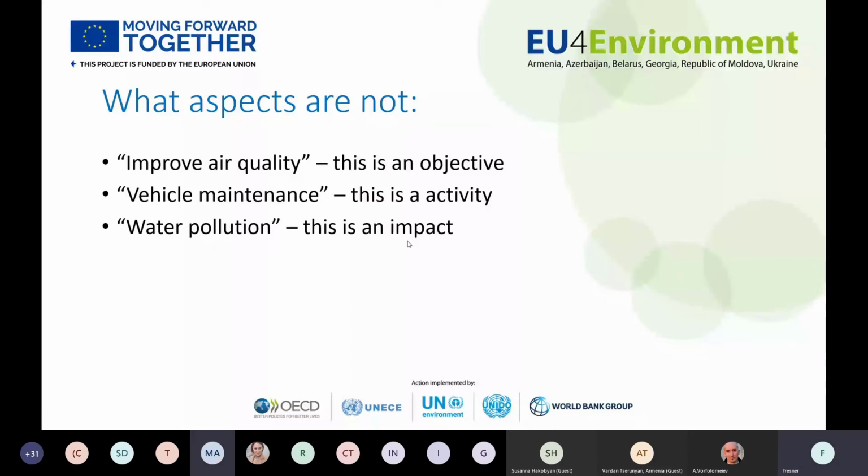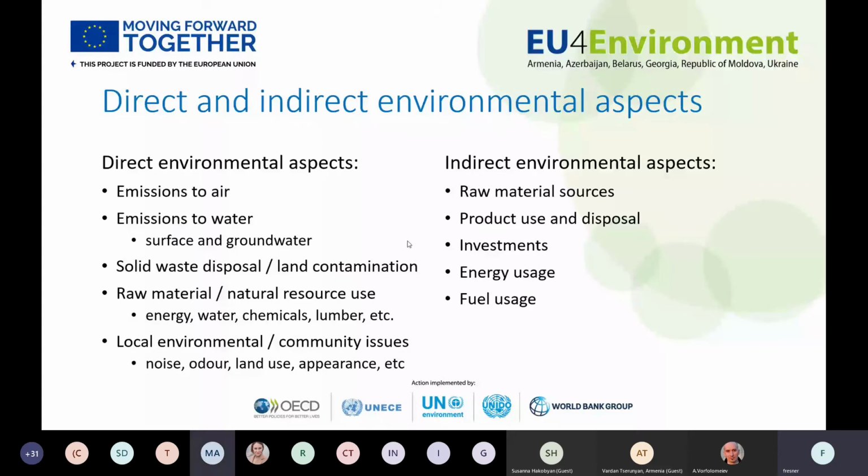So thinking about the picture of the product life cycle, we talk about direct, indirect aspects. Indirect aspects being the raw materials we have discussed for ZOTA, product use, energy use, fuel usage. What are aspects, indirect aspects in the supply chain during the preparation of the raw materials which we are using.